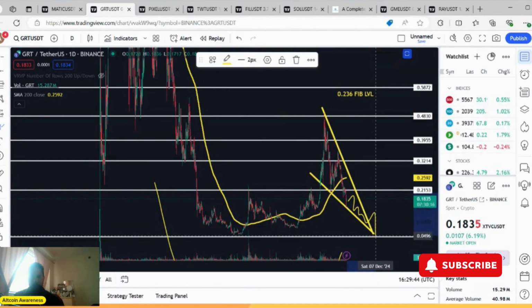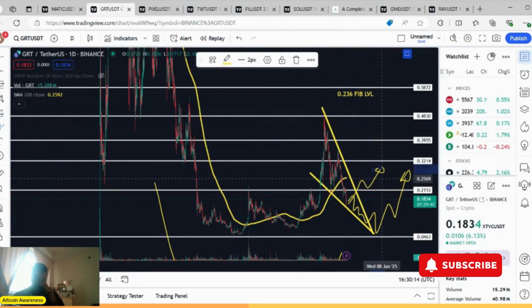Maybe get a retest over here at this support level and then start moving up, hitting the rest of the targets, okay? The main support level that we have here on the chart is at 0.046, okay? But this might not play out. We might get a breakout earlier, okay? We might see something like this here, then a retest, and then a move up.